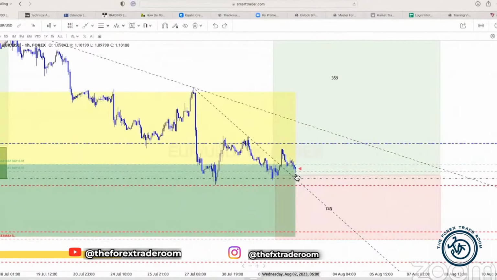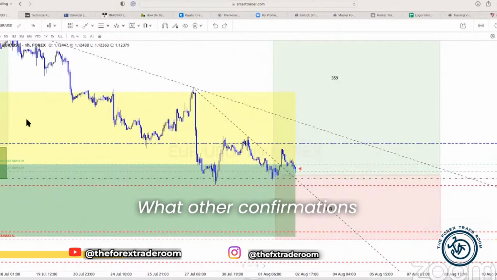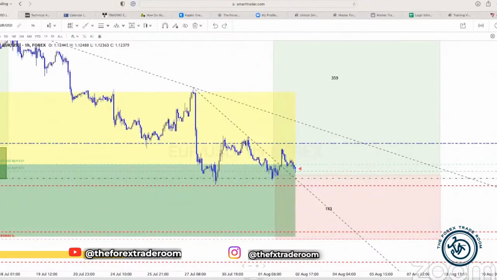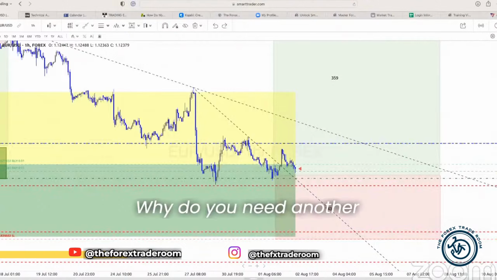Now, no. Why aren't your rules met here? What else are you looking for? What other confirmations do you have in your trading plan? Why do you need another swing low to form?